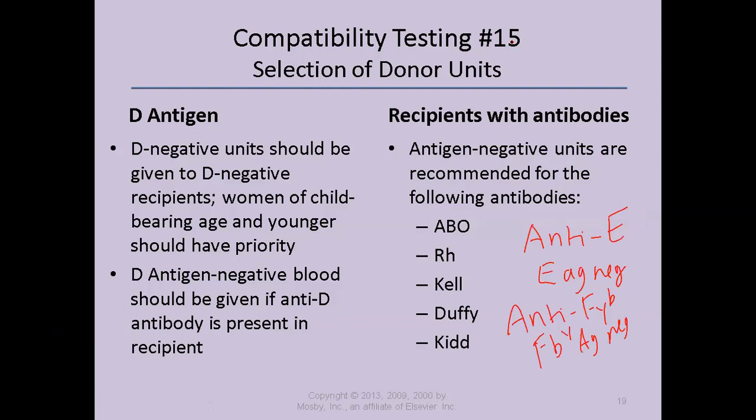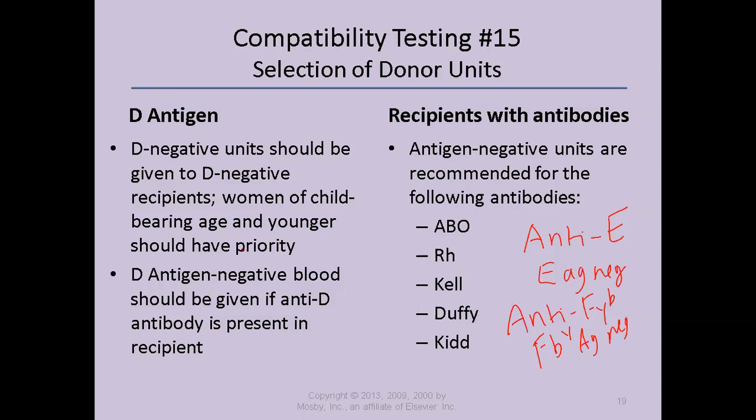Selection of donor units. Okay, so we're going to talk about D antigen. Remember, D antigen is what tells us when someone is Rh positive if they have it, and Rh negative if they lack it. We should only give D negative units when we have an Rh negative recipient, and we give priority to women of childbearing age and younger, okay? The reason is, think back to when we talked about the Rh blood group system.